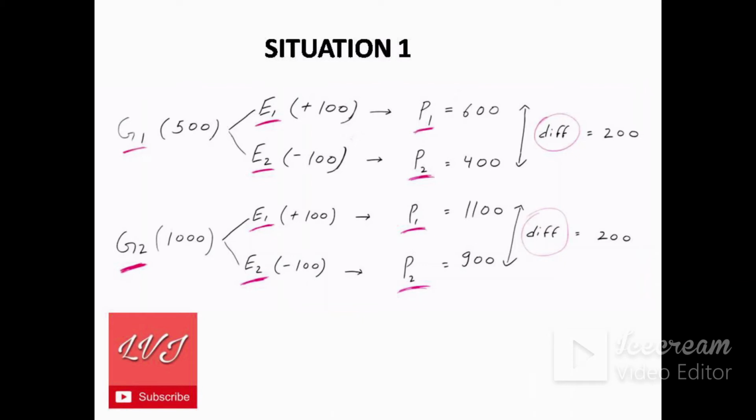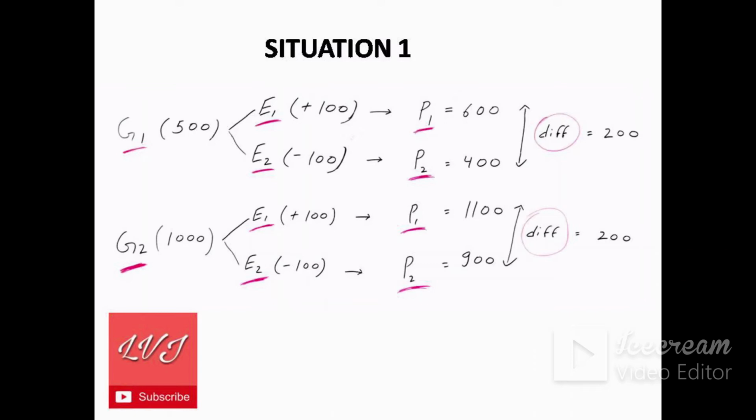So in the case of genotype 1, animals in environment 1 will produce 500 plus 100 equals 600. So the phenotypic value will be 600 kg.